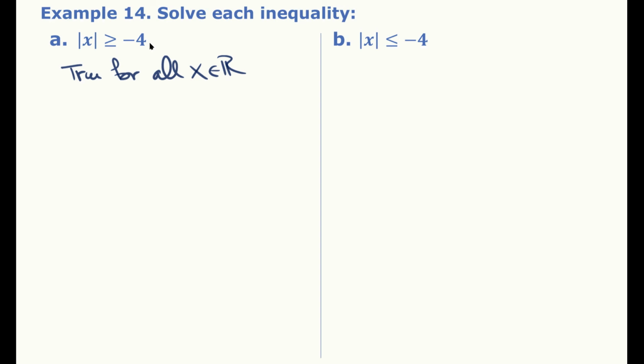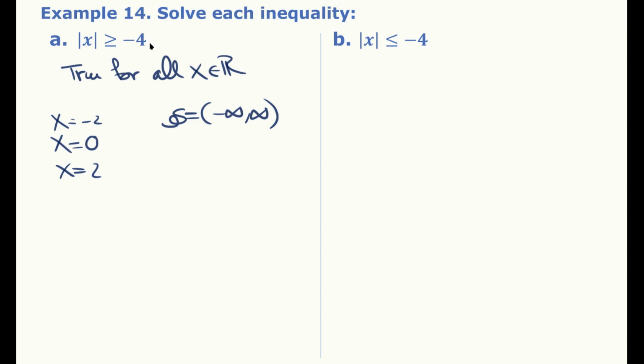The absolute value of -2 is 2, which is greater than or equal to -4. Therefore, this is true for all real numbers. Sample points we picked were x equals -2, x equals 0, and x equals 2. Substitute each and you'll see that it's true, and that works with all real numbers. So the solution set basically will be -infinity to infinity.